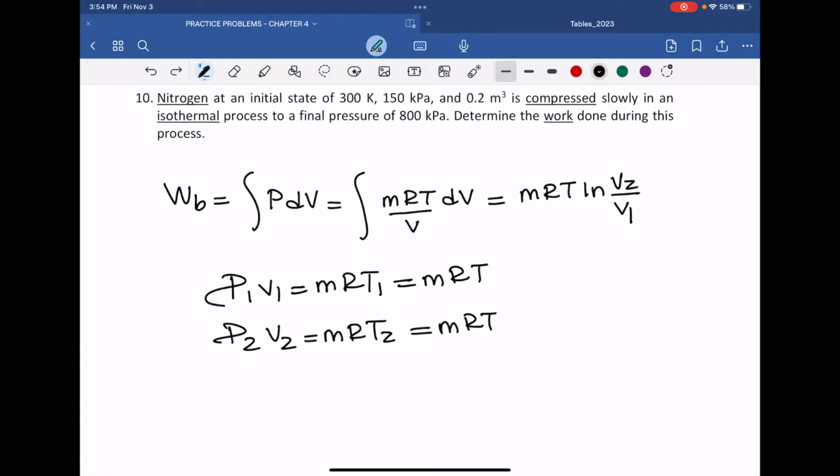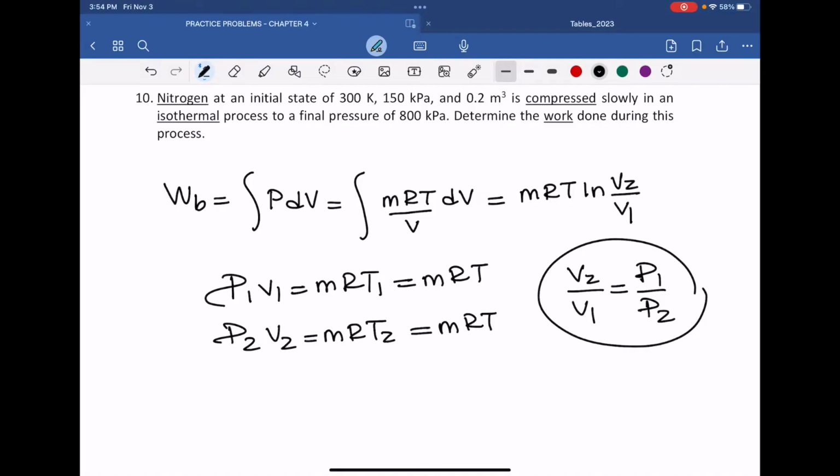And we also learned in the previous examples, if you go back to our practice examples, this can be replaced with that too for an isothermal process. So what I'm going to do is replace MRT with P1 V1, and V2 over V1 with P1 over P2.